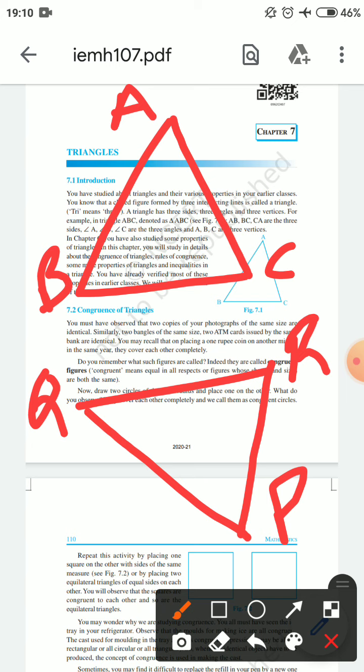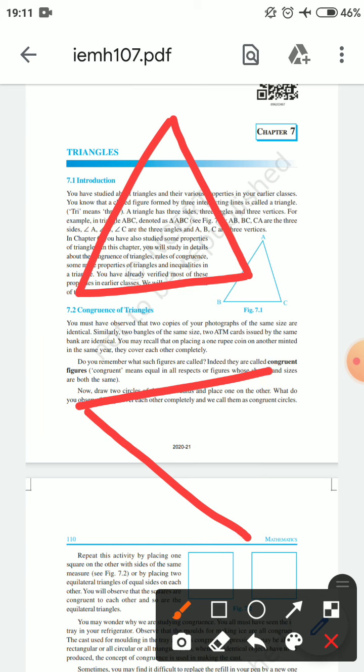That's why we are not saying that triangle ABC is the same as triangle PQR, but we can say congruent, because if we cut triangle PQR from this paper and overlap it on triangle ABC, you will find that it will completely overlap and cover triangle ABC. So for any shape or figure to be congruent, it must overlap the other.